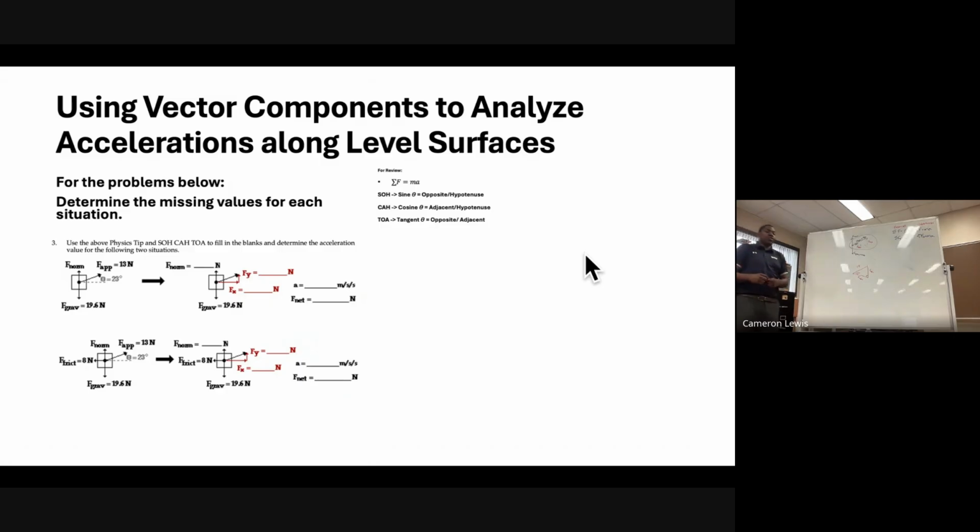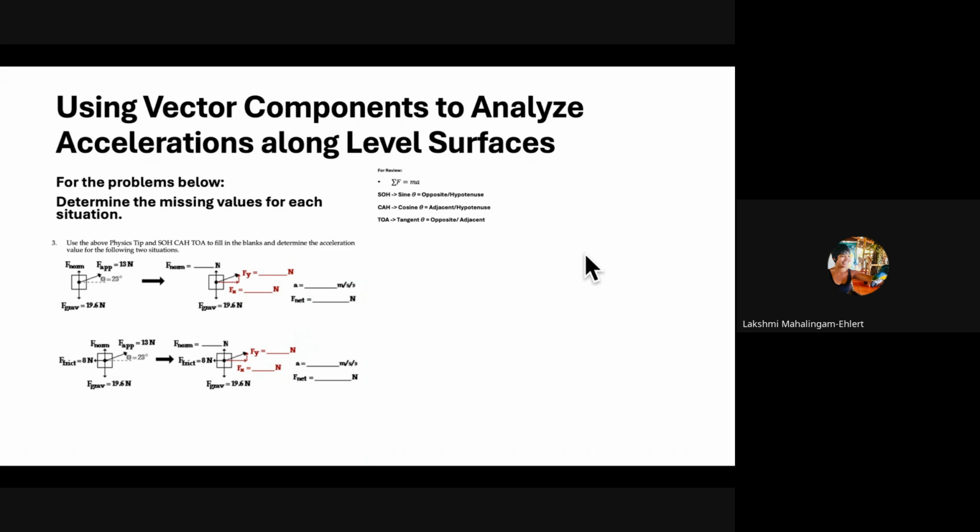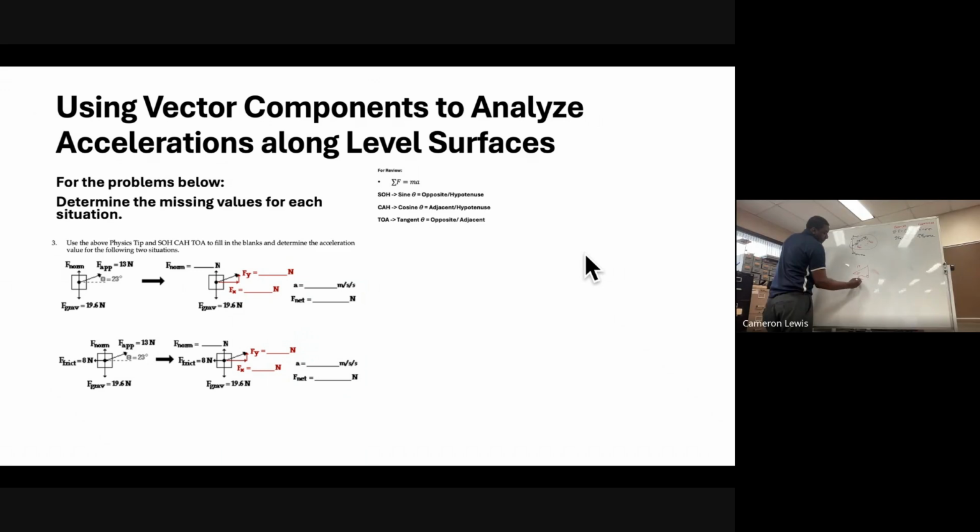Now, real quick, I'm going to do the math to prove it. Anybody want to take a wild guess at what type of triangle that is? 5, 12, 13. Yep, the 5 is up here. 5, 12, 13.